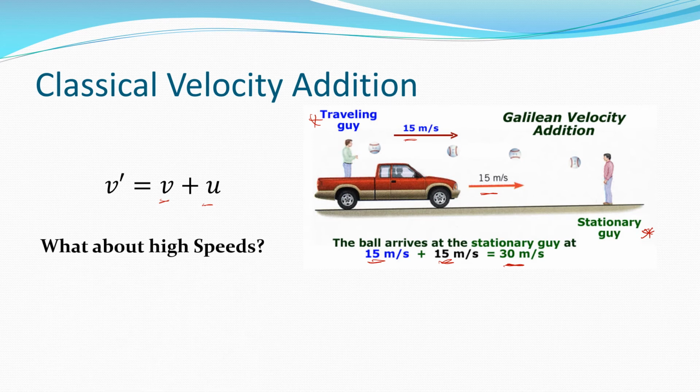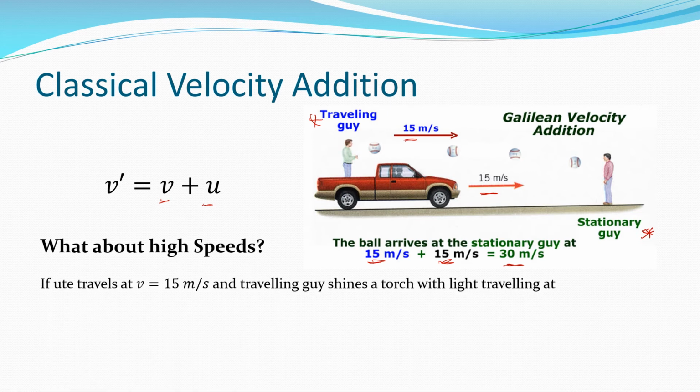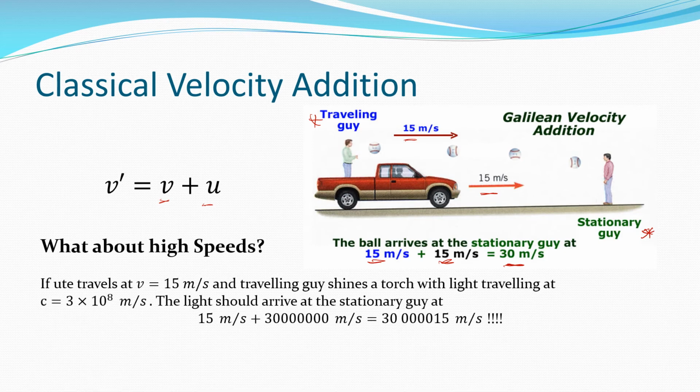But what about as the speed of that ute increases? So if the ute's travelling at 15 meters per second and travelling guy shines a torch, the speed of the light is now 3 by 10 to the 8. So you would expect that this speed of light that the light beam of the torch is travelling at, plus the speed of the ute, add them together, 15 meters per second plus 3 by 10 to the 8 is greater than the speed of light.